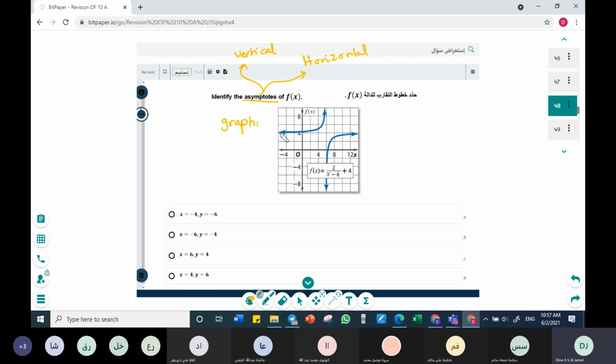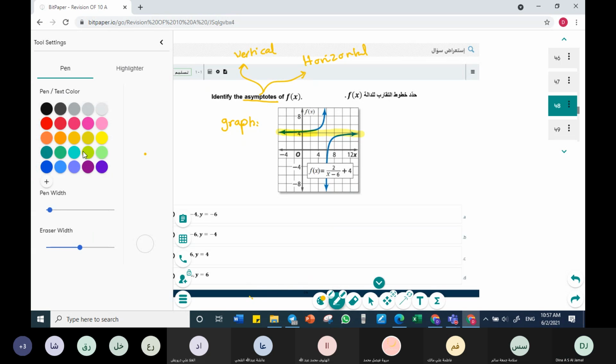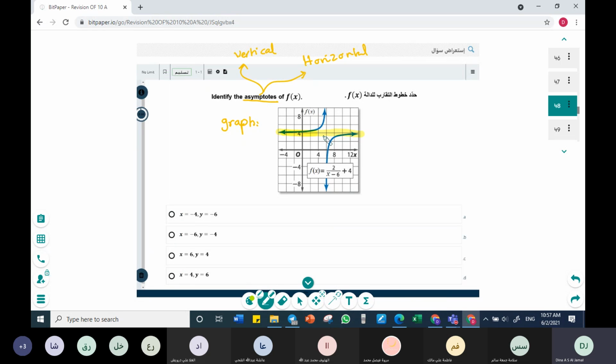What about this line? Let's study the behavior of this function. On this horizontal line, my function moved here to infinity and here to minus infinity. That means the behavior of the function changed.